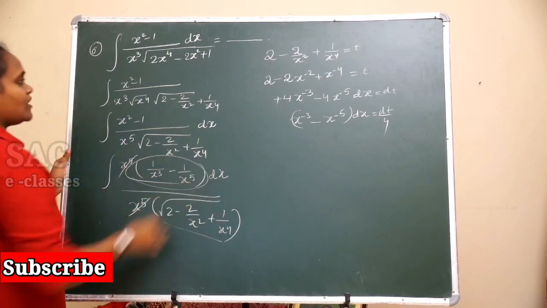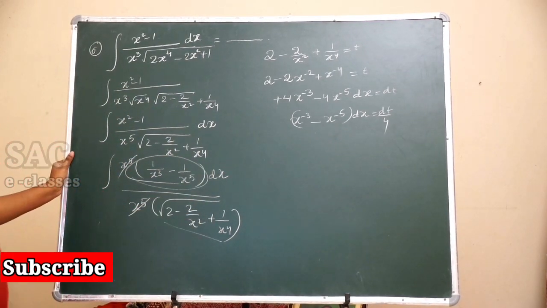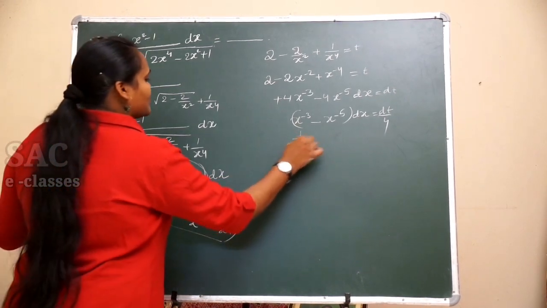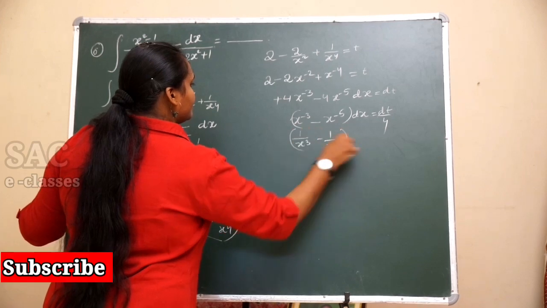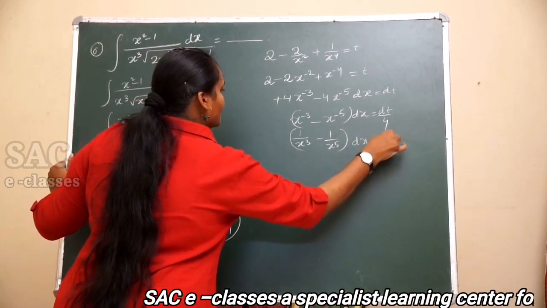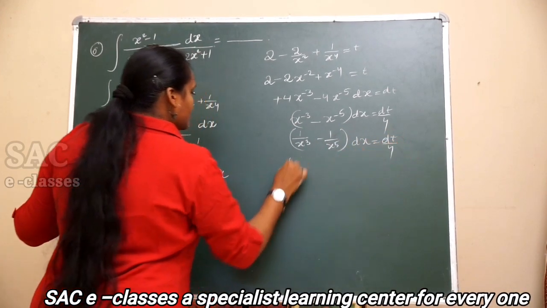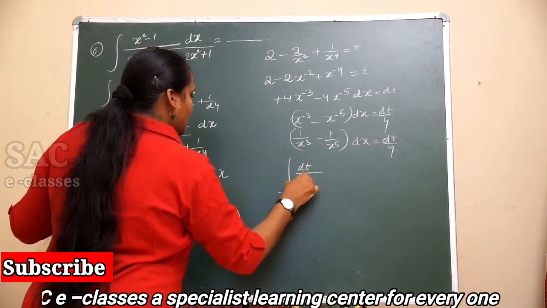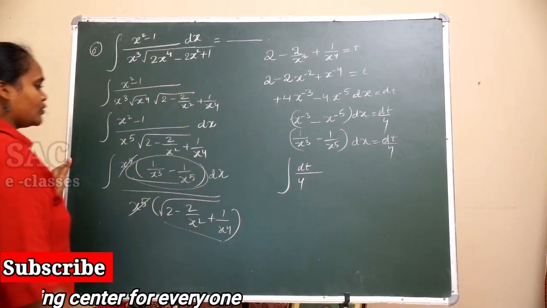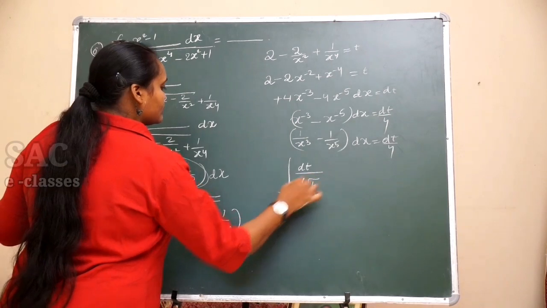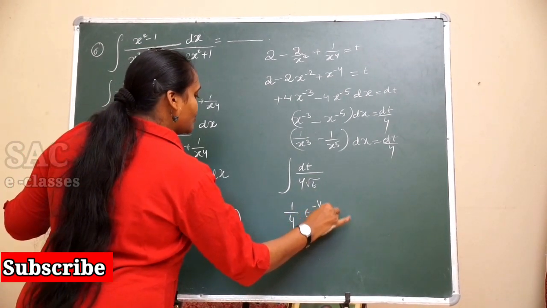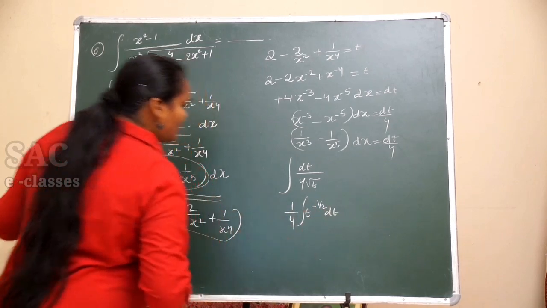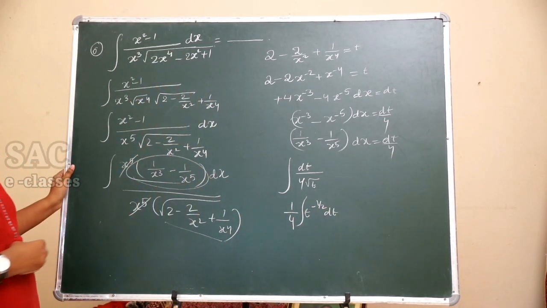This entire value will be x power minus 3. So why can't we express it as 1 by x cube minus 1 by x power 5 dx is equal to dt by 4. So clearly dt by 4 into root t, 1 by 4 into t power minus 1 by 2 dt. By simplifying this one, you can get the required one.